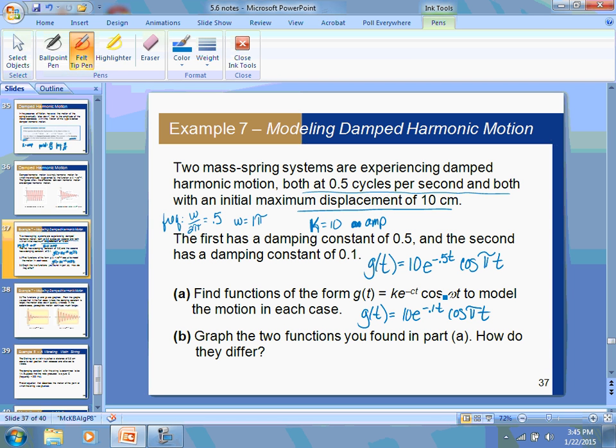And you want to adjust the window so that you can see what's going on. Remember, you can do zoom 7 for the trig option in your graphing calculator, or we know that our amplitude is 10, and that we're starting at about 0.5 for our frequency.